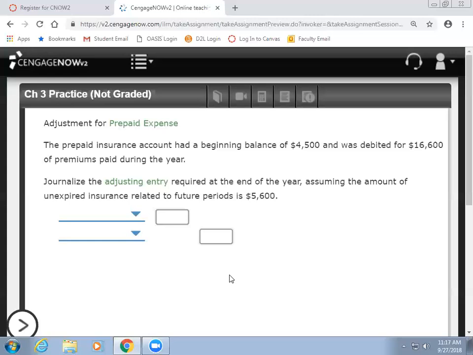$15,500. Very good. So I know I need to credit as an adjusting entry $15,500 to my insurance account. So then I had total debits of $21,100 minus the credit of $15,500 gets me to that balance of $5,600.